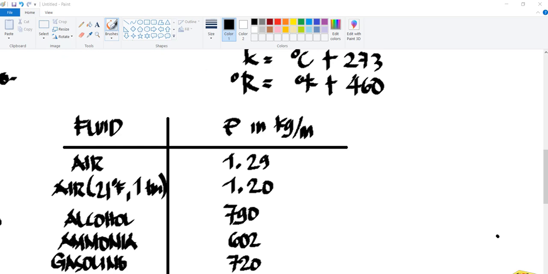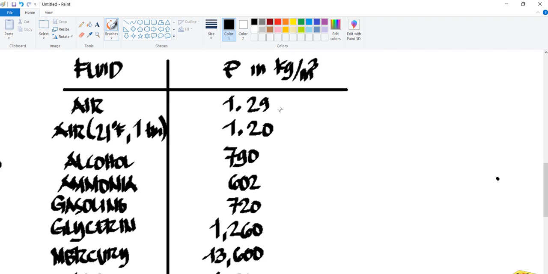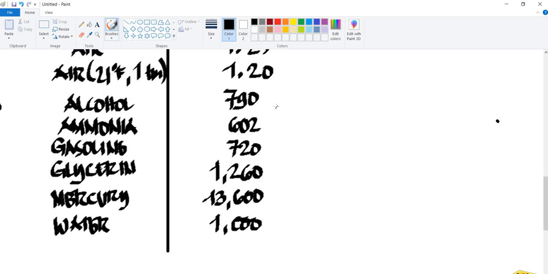We have the different properties. Also, let's say the different densities of fluid. So for air, the given density will be 1.29 kilograms per cubic meter. These will be the different types of fluid that we will use as we go deeper and deeper into the study of fluid mechanics.